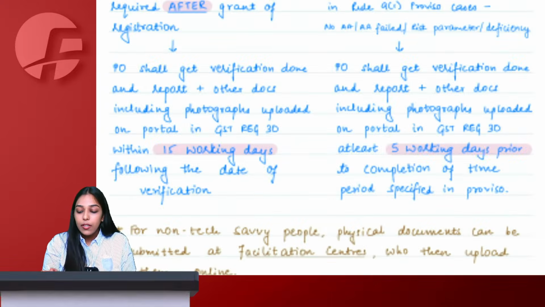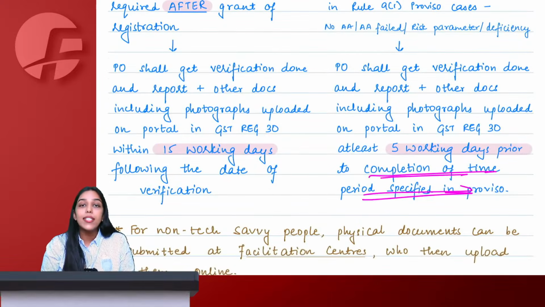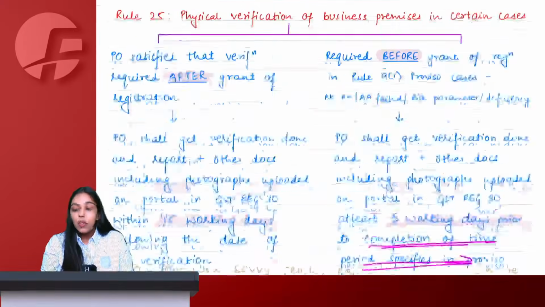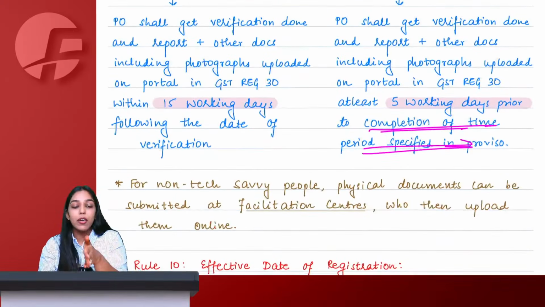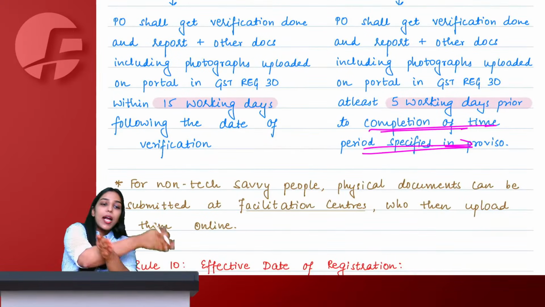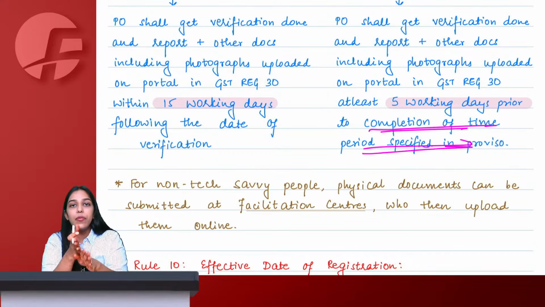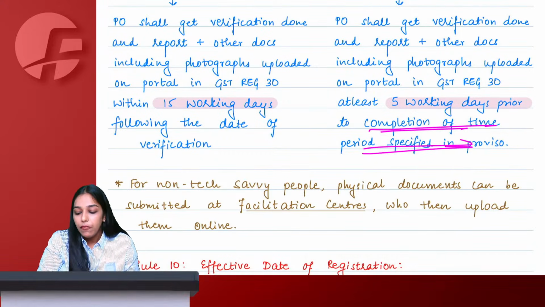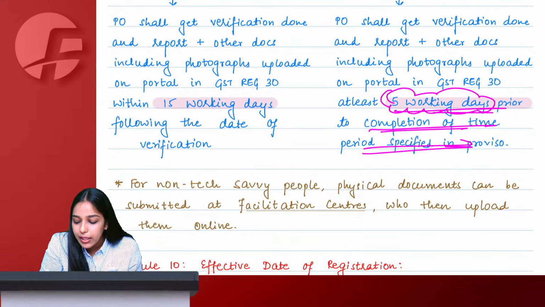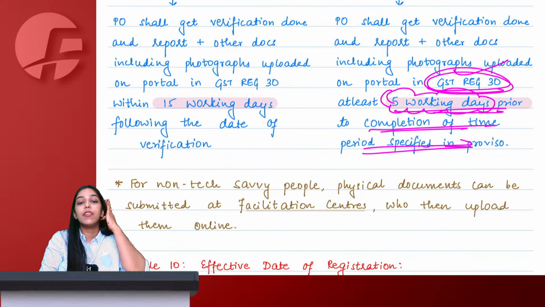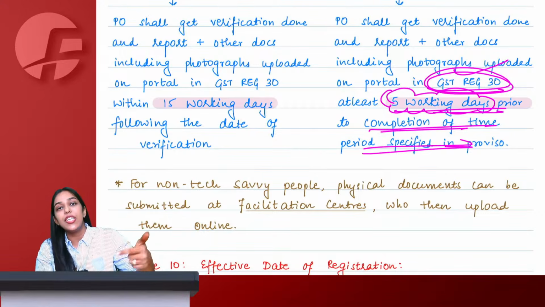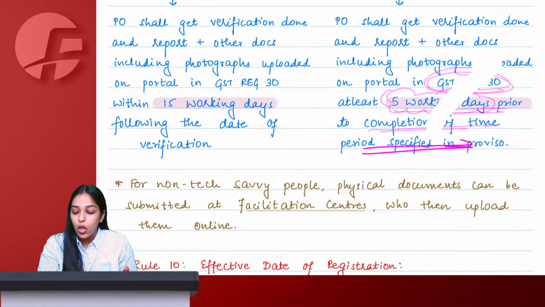What is the last day to give you RC? 30 days. Right. So the day on which these 30 days expire, at least 5 working days prior to this date, physical verification will be completed and the report will be uploaded in GST REG 30 on the common portal.